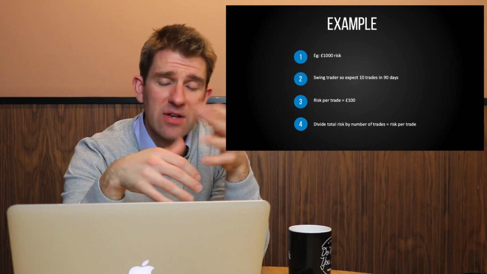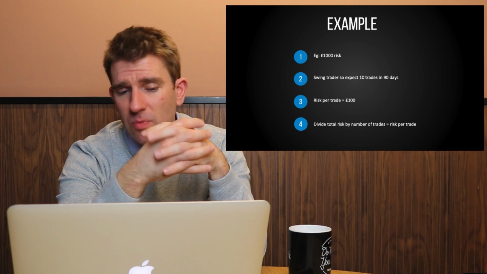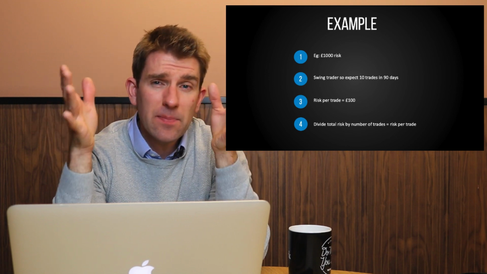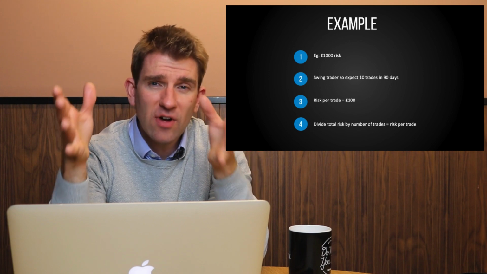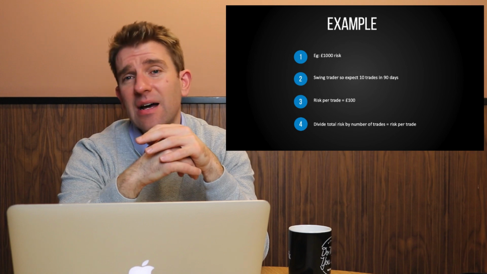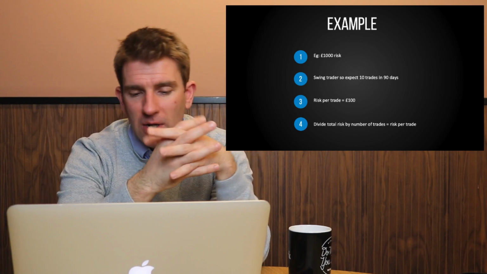So in this example, we're £1,000 risk, we're a swing trader, so we can risk £100 per trade. That means if we lost every single trade over the 90-day period, if we stuck to our plan and took 10 trades and lost every single one, we wouldn't be down more than £1,000, and we've accepted that. Now that number could be higher for you, of course, but for this example.